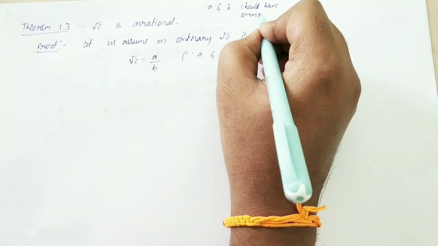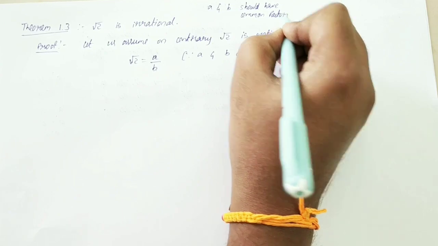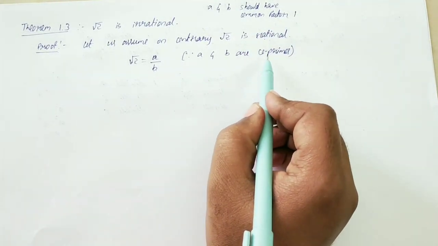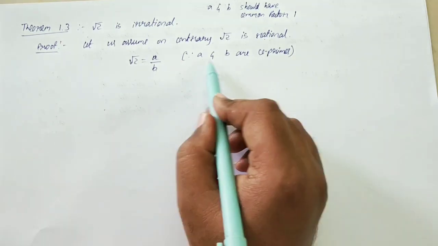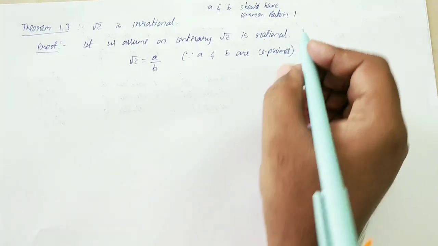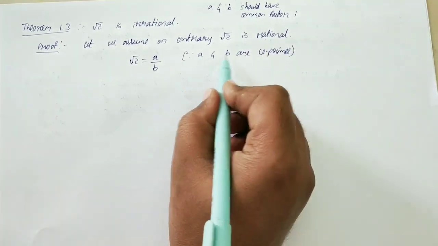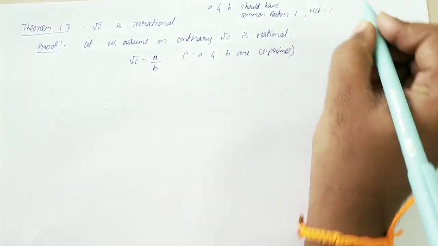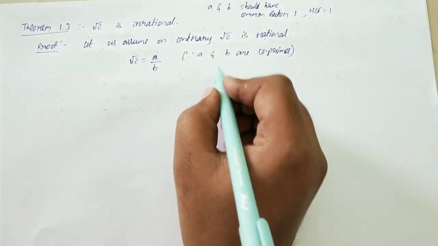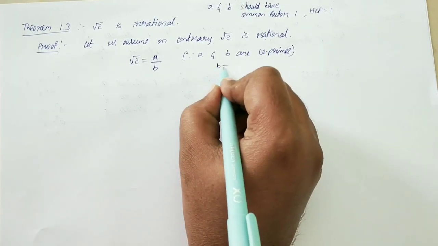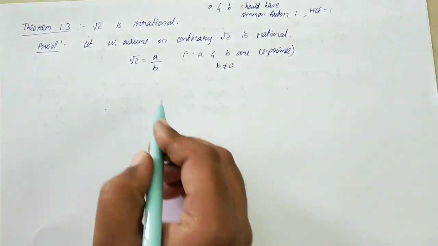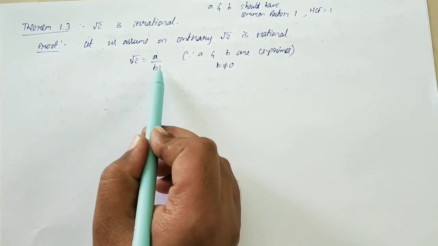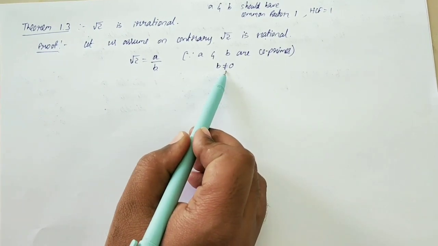If both A and B have common factor 1, then we can say that A and B are co-primes, or in other words, the HCF of both A and B should be 1. And one more condition: B must not be equal to 0. Since A by B is a rational number, this denominator must not be equal to 0. That is one more condition.